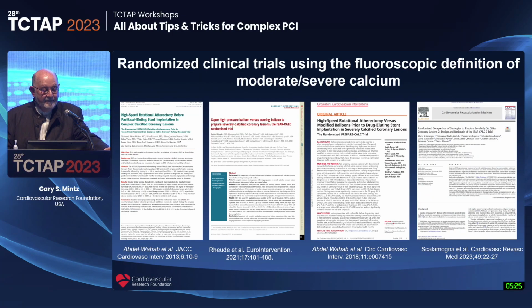These definitions have then been used in a number of randomized trials trying to define a better PCI approach for calcium. And again, using the same angiographic fluoroscopic definition that was first published 30 years ago.